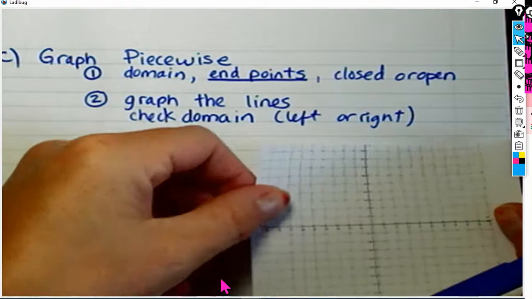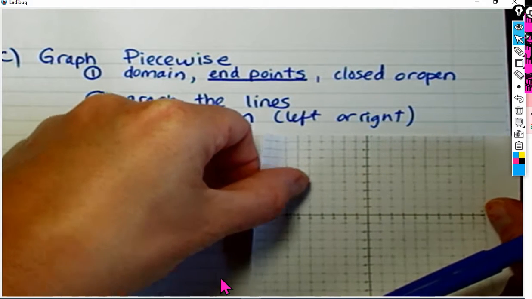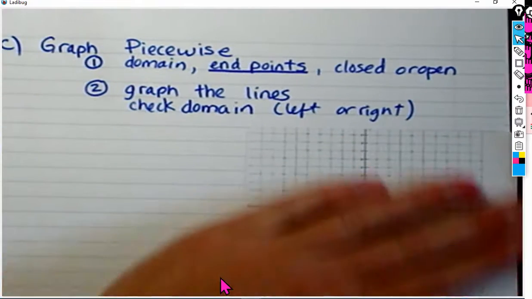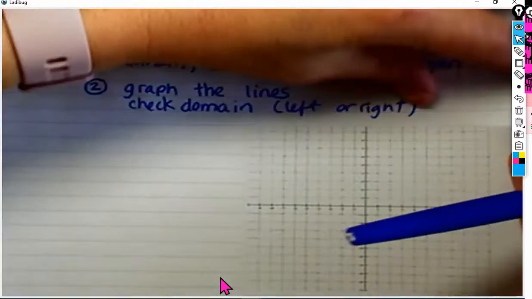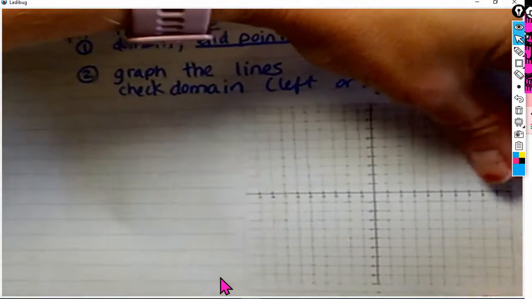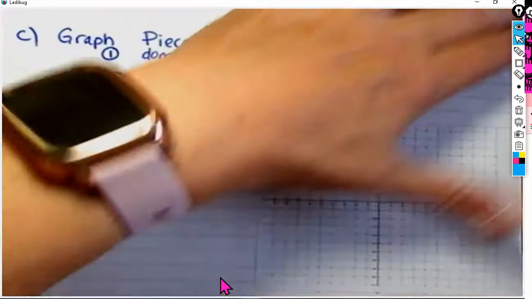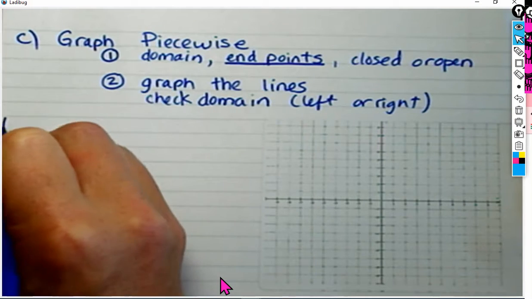They do have positives and negatives, so just check your graph and make sure that you're orienting it correctly. All right, we're just going to do it like that. Okay, there we go. Example.